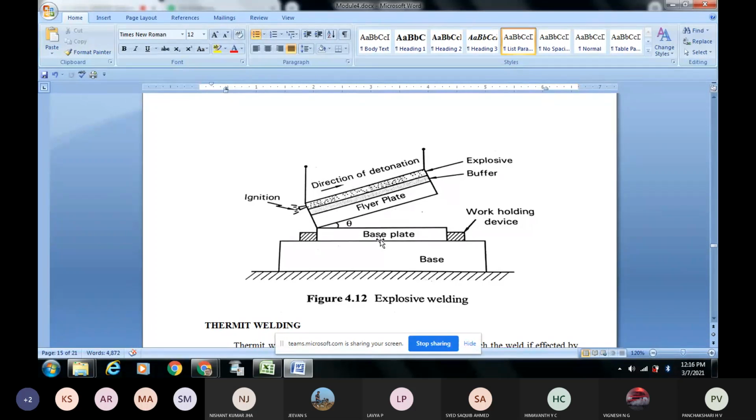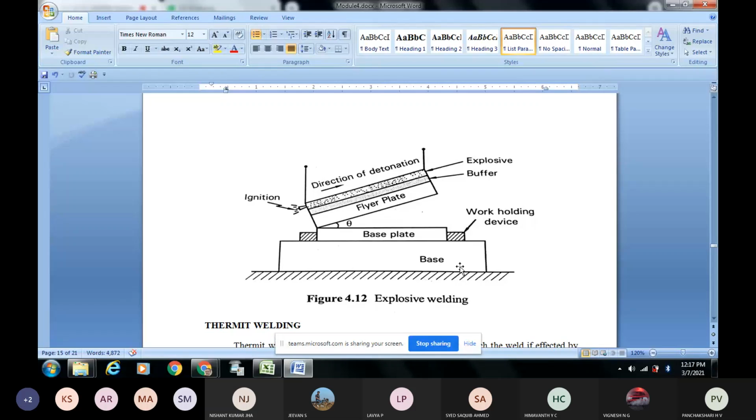Cladding means interlocking of the bonding, interlocking of the atoms. How exactly it takes place: by the supply of high velocity or high kinetic energy due to the explosion of the explosive material placed on the surface of the flyer plate. This is the simple concept of explosive welding.